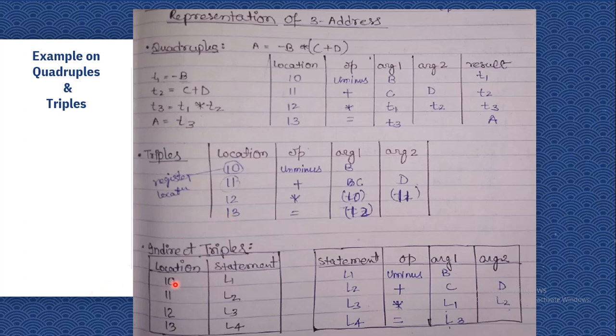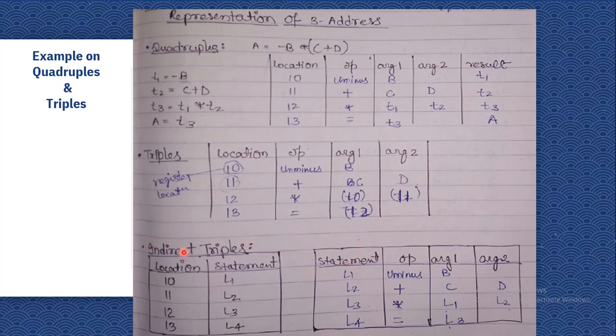In indirect triples, it is very much close to this triples concept, where some index or reference code is also introduced. In quadruples, there are 4 fields. In triples, there are only 3 fields.